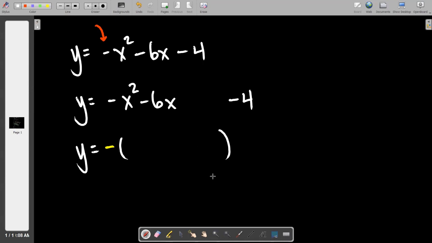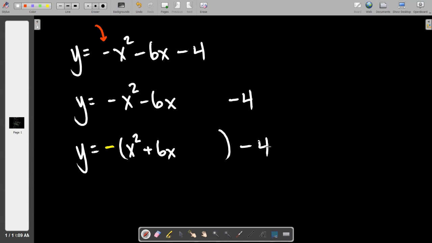So I'm making room for 3 terms, even though I'm only working with 2. So if I pull negative out of negative x squared, what's left? I just get x squared. And yes, if I pull a negative out of a minus 6x, it becomes a plus 6x. And then notice minus 4 is still over there, locked out of the cool kid club. It's still sitting over there in timeout. It has nothing to do with what we're doing right now. Got it?